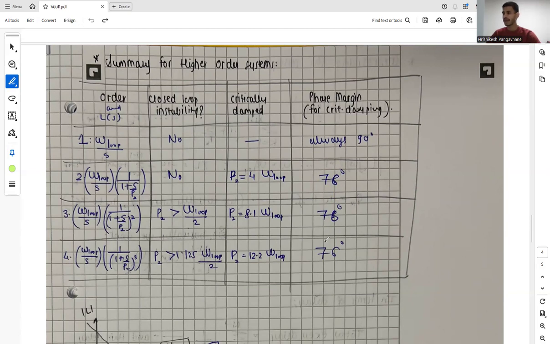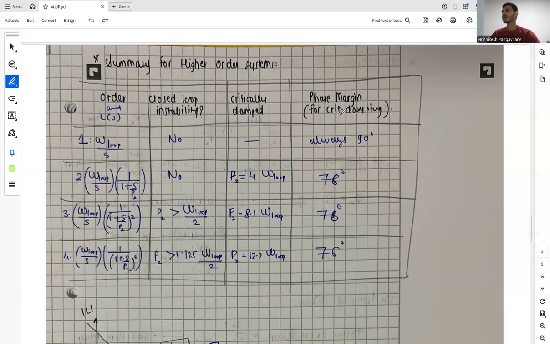And when we apply this phase margin, then we reverse calculate, so we get the condition where our P2 should be at 8.1 times omega loop for the third order system with 2 poles, and for our fourth order system with 3 poles, we will get P2 equals 12.2 times omega loop to achieve a phase margin of 76 degrees, so basically for critical damping.